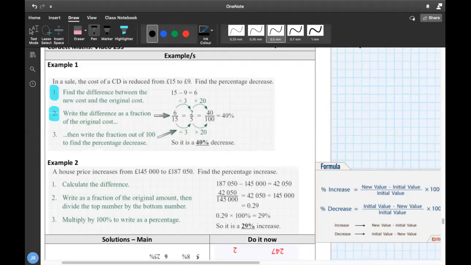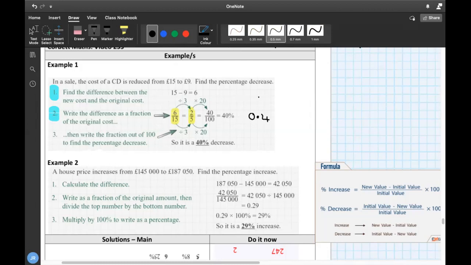You multiply by 100. So here, if you did, let's have a look, I'll just get my highlighter up. So if we're looking at this, 6/15, that is 6 divided by 15, or 2 divided by 5. If you did 2 divided by 5, you would get 0.4. Sorry, 0.4.